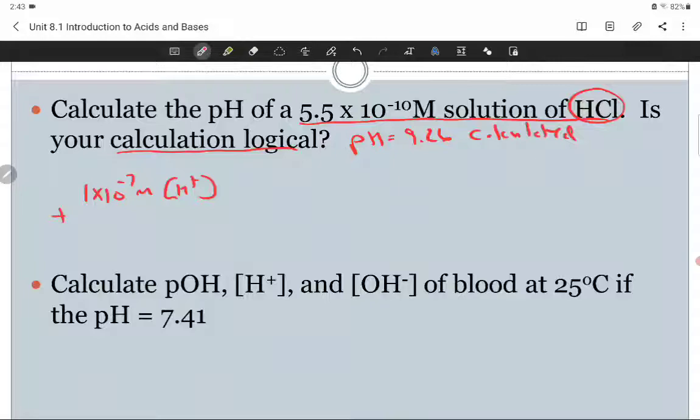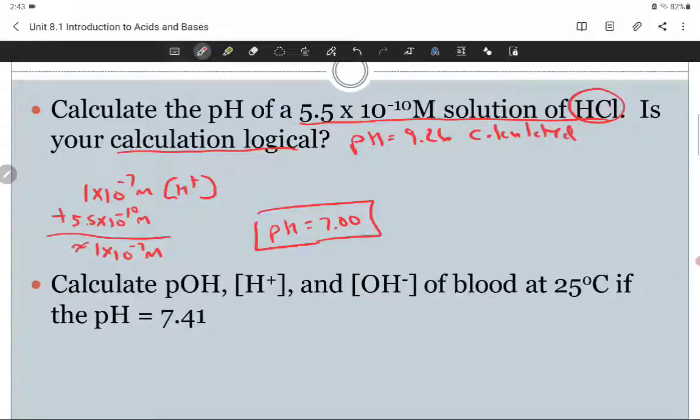So if you add that to 5.5 times 10 to the negative 10th, that gives you pretty dang close to that amount, which would be the pH. So sometimes the hydronium that's just in the water, because water breaks up a little bit, is important. And in this case, it's very important. So 9.26 would not even be in the ballpark of the correct answer.